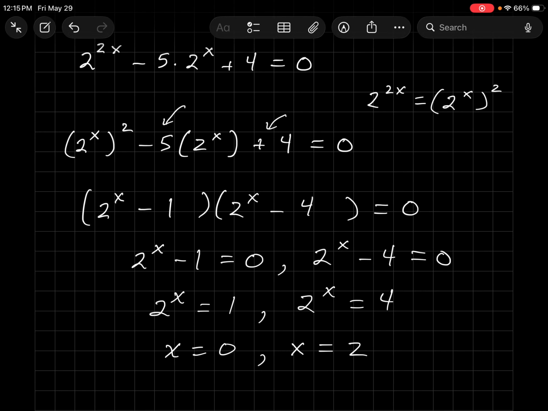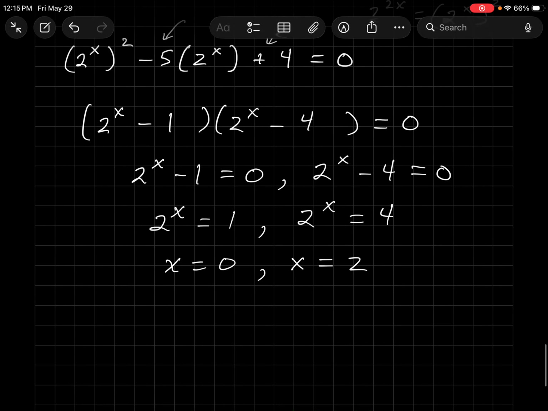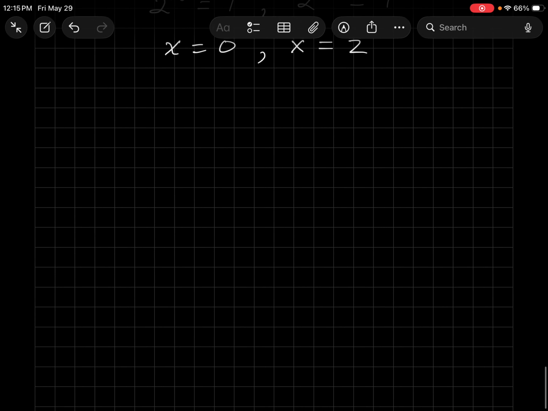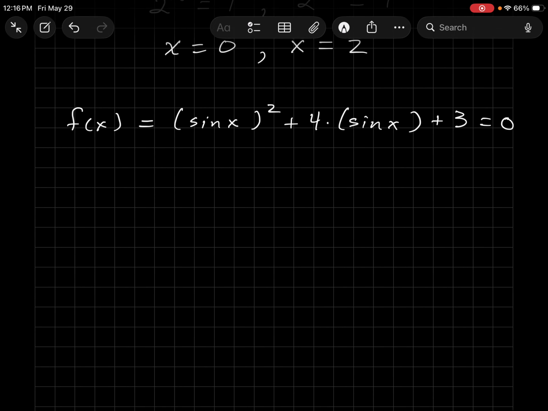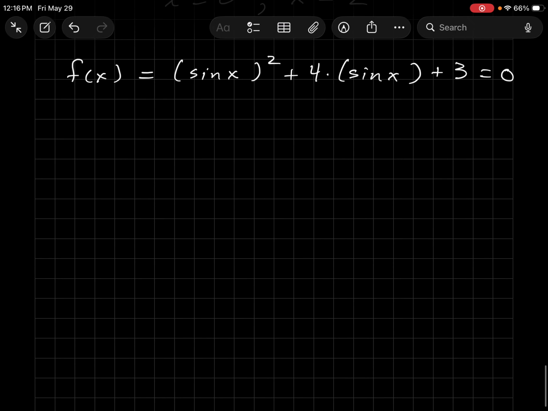But we have the same underlying structure as we did before. How about something like this? Even if you don't know what the sine of x is, could you at least factor something like this? Do you see the underlying algebraic quadratic structure?